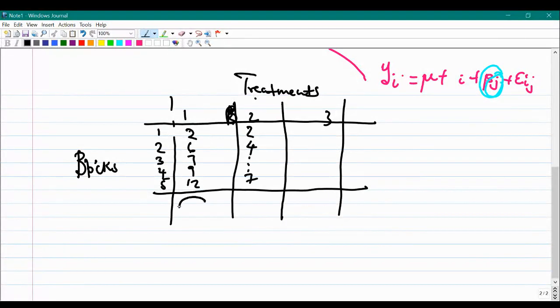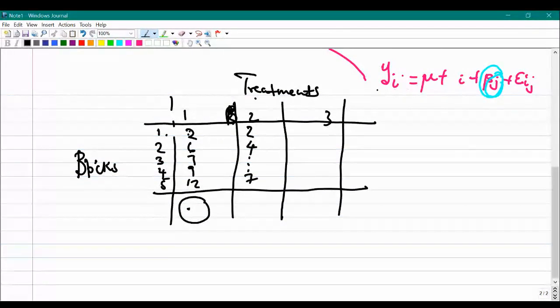The value that you are going to write here, my sister, is you summed what? You summed the values from each and every block, isn't it? So the value that we are going to get here is from the first block, the second block, the third block, the fourth block, and the fifth block. What you are going to write here.